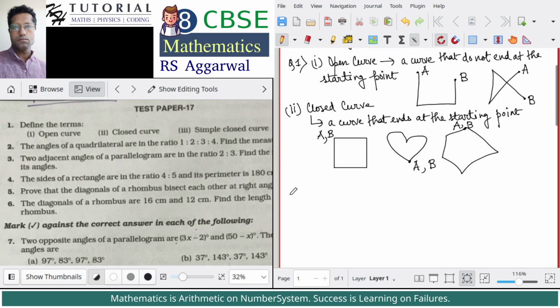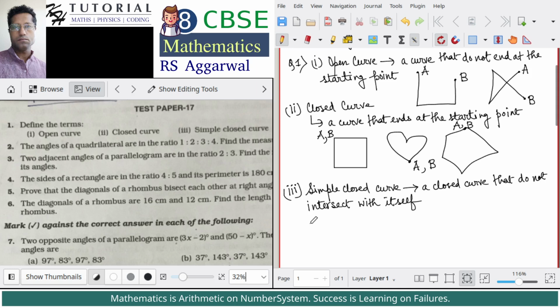The third one is, what is a simple closed curve? A simple closed curve is a closed curve that does not intersect with itself.